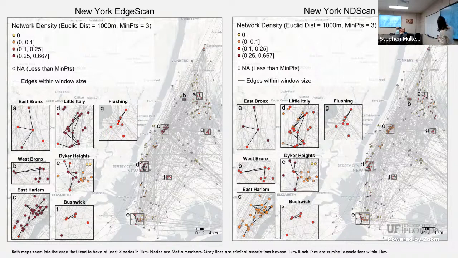This one is network density, and these were the areas that we found were statistically significant as well. Here's where the Appoaches family lives. This area here is Little Italy that you may have heard of. This is East Harlem, G over here is Flushing, and A is East Bronx.